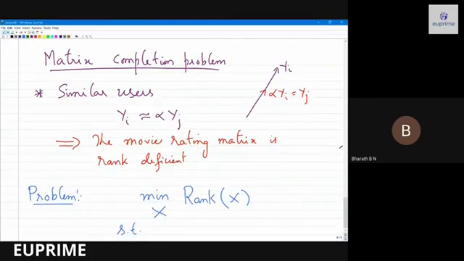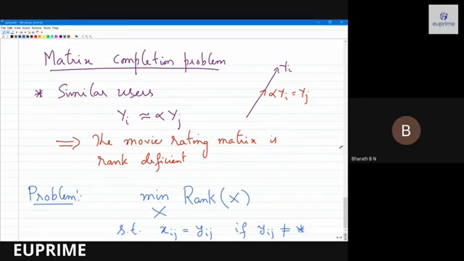But the ijth entry of X should be the same as Yij, the rating given by the user. Whenever the entry is there, Xij should be equal to Yij. Wherever the entries are not there, you are free to choose whatever you want, but make sure that the rank is as small as possible.